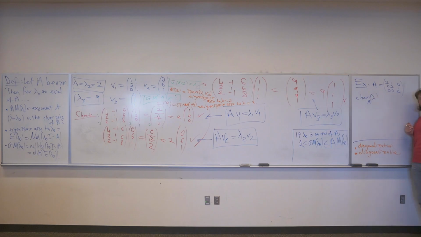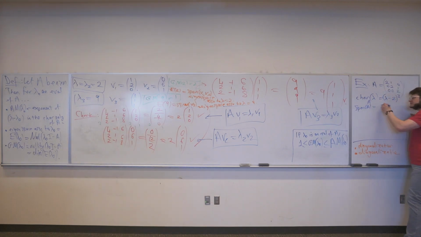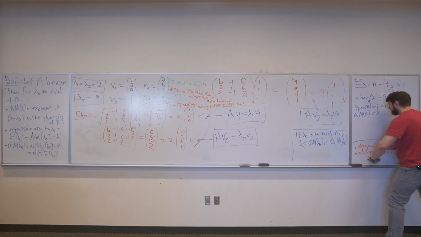What is the characteristic polynomial? Lambda minus 2 raised to the power 3. So it has only one eigenvalue, which is 2. The spectrum has only one thing. There's only one energy level, if you want. So AM of 2 is 3.